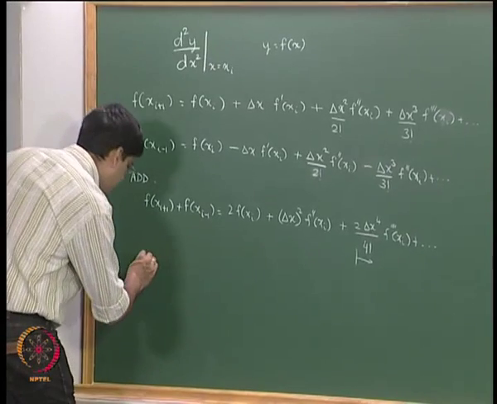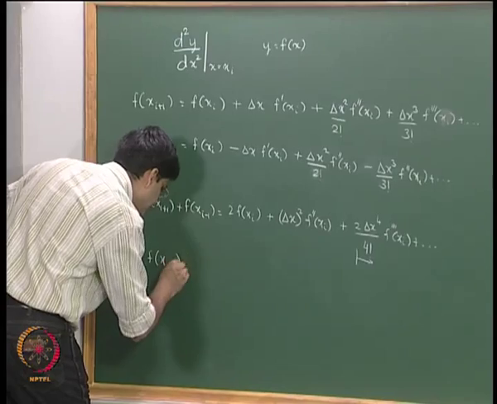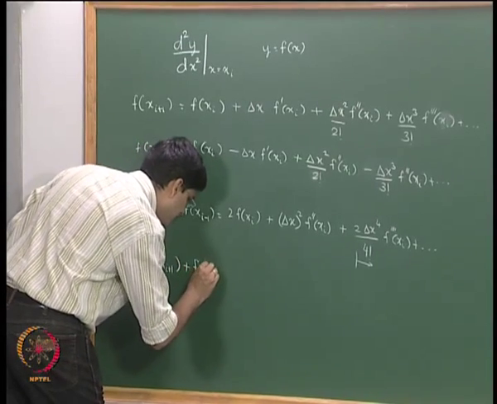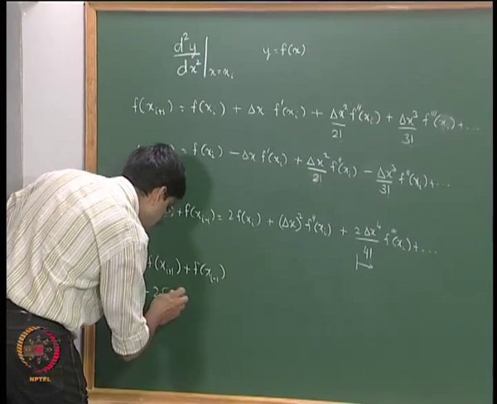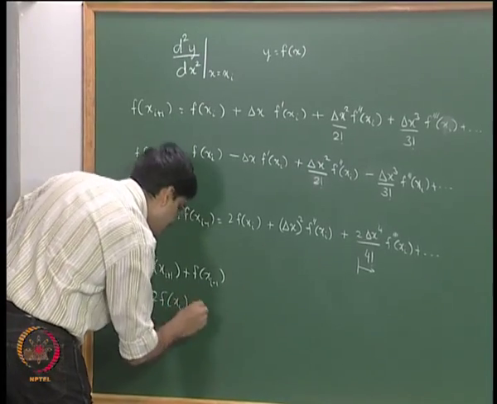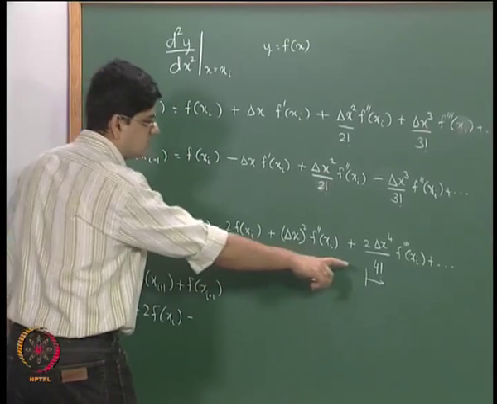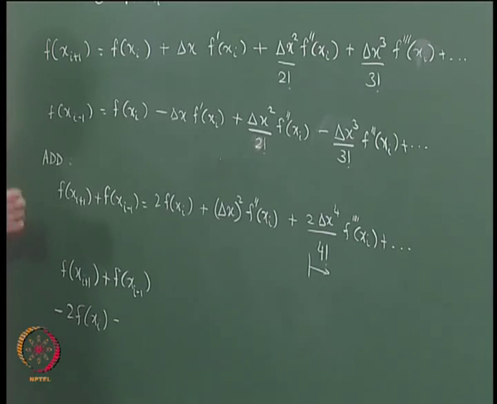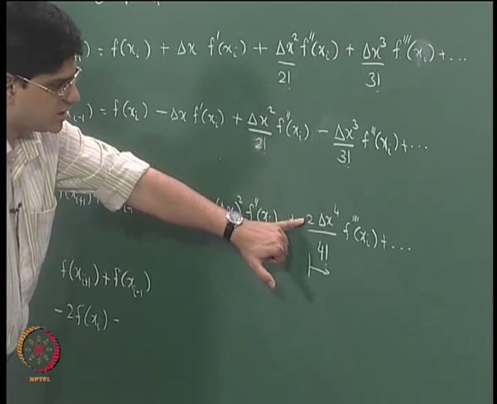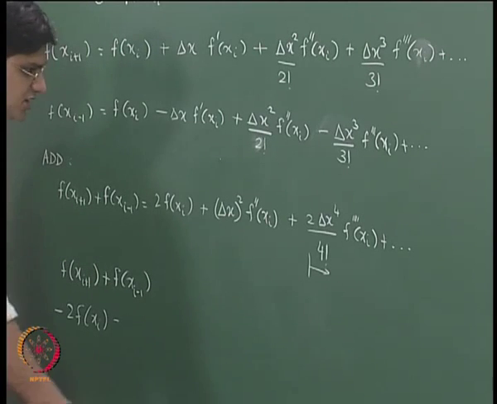So when we do that, we will have f of xi plus 1 plus f of xi minus 1 minus 2 times f of xi, minus 4 factorial, which is 4 multiplied by 3 multiplied by 2 multiplied by 1, divided by 2, which is 4 multiplied by 3, essentially 12.